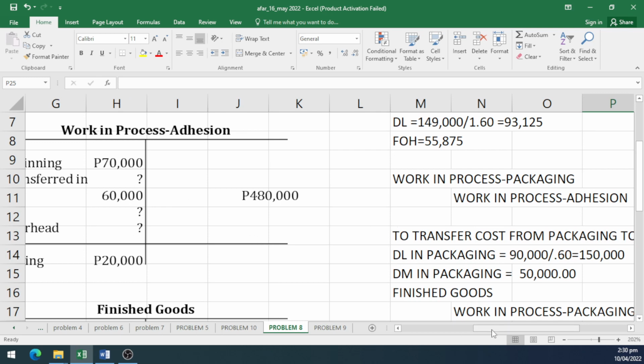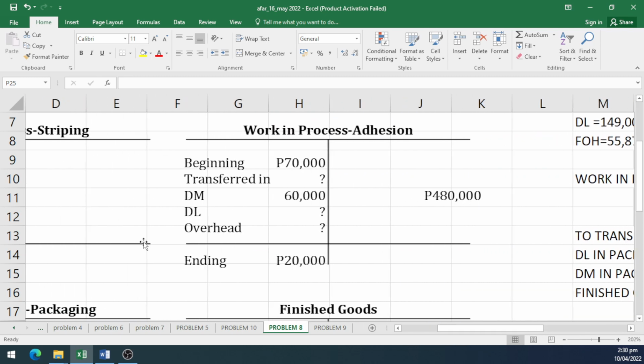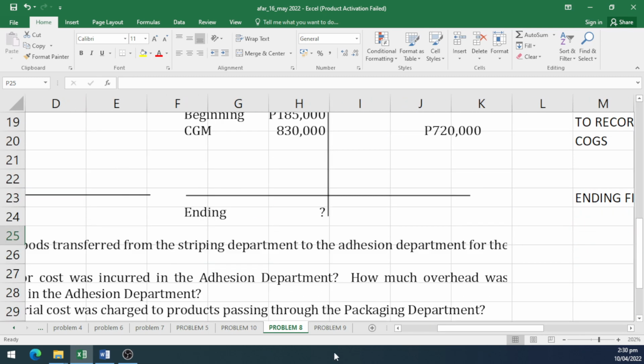When one department transfers out, its work in process is credited. In the receiving department, its work in process is debited. Okay? I leave this to you, class. If you want to study it, you can access this Excel solution from the NCPAR staff.